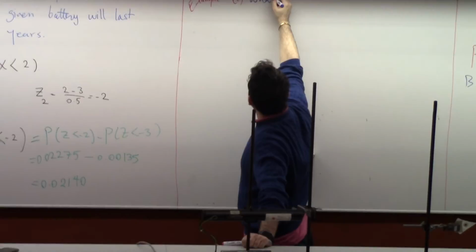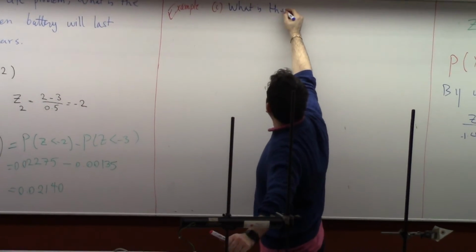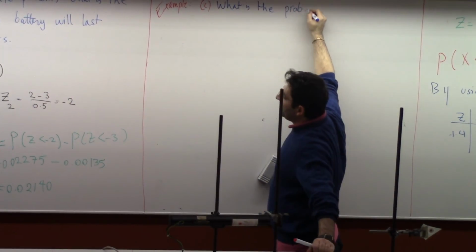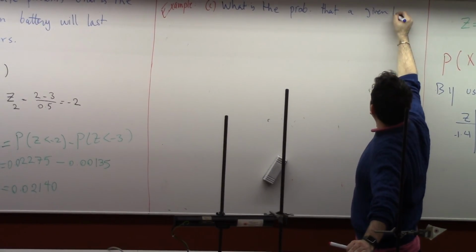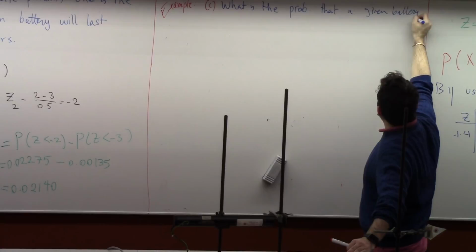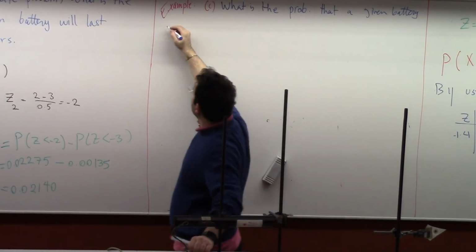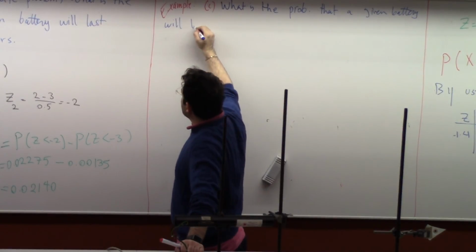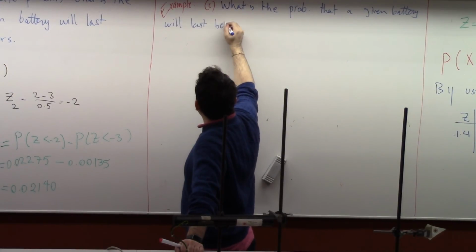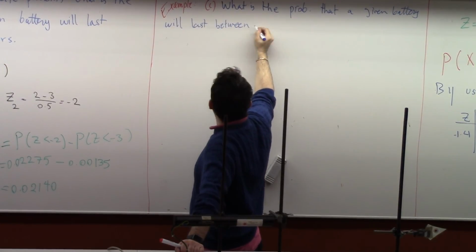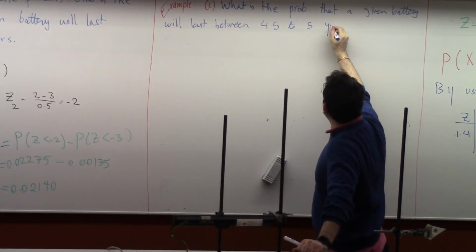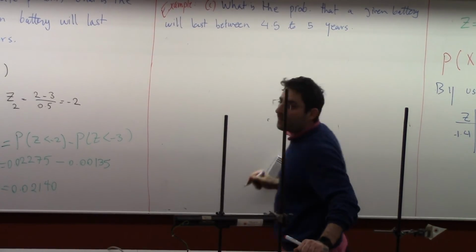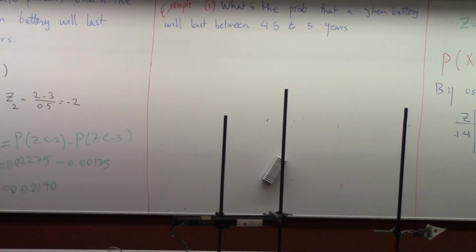What is the probability that a given battery will last between 4.5 to 5 years? What's the answer?